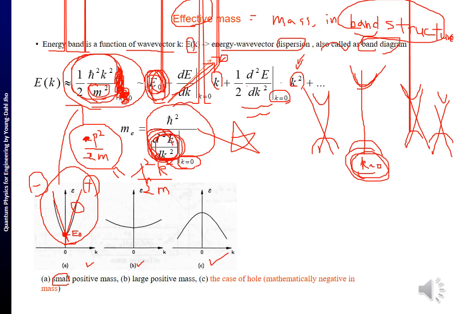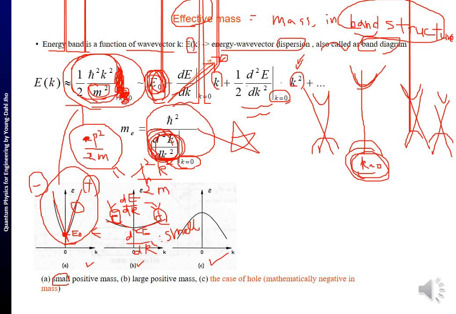Likewise, if it is slowly changing, then if we take the first derivative, d/dk, it is a minus value here and a positive value there, but their amplitude is pretty small, and their change is not that large compared to A. So if we take the second derivative, d square E/dk square, it's actually rather small.